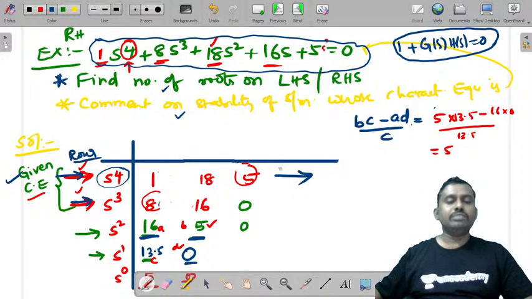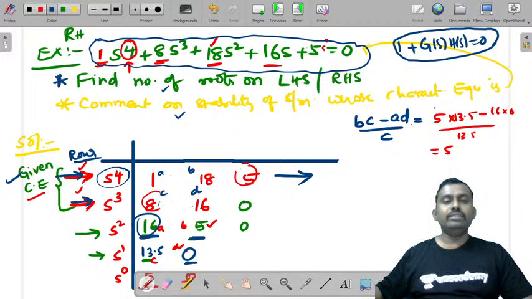If the highest coefficient is the odd term, you'll write the odd coefficients first, then the even coefficients. Starting from the third row, you will consider the previous two rows as A, B, C, D elements and apply (BC minus AD) by C to find the next row elements.